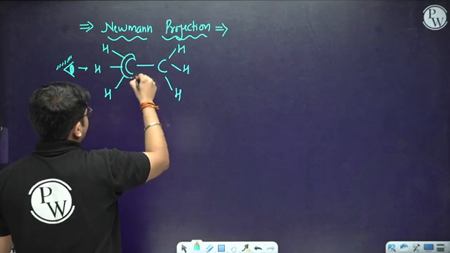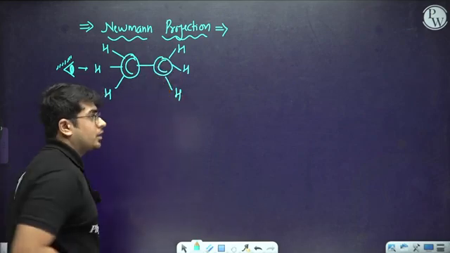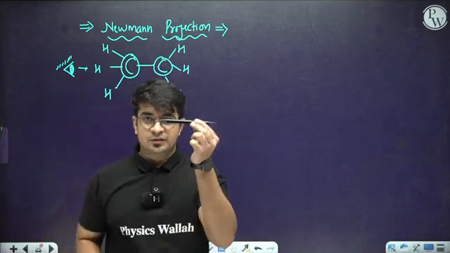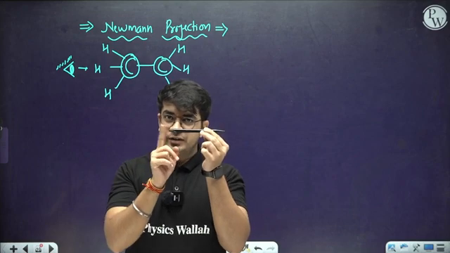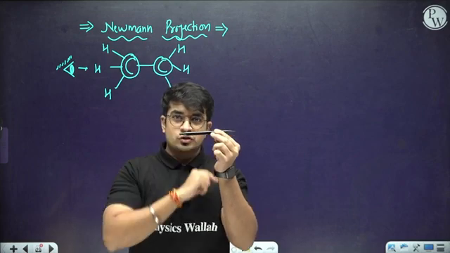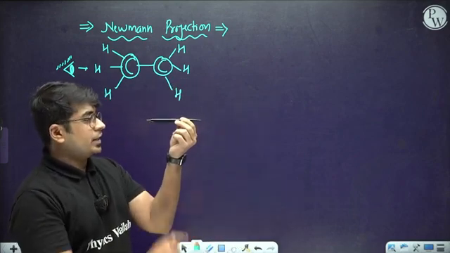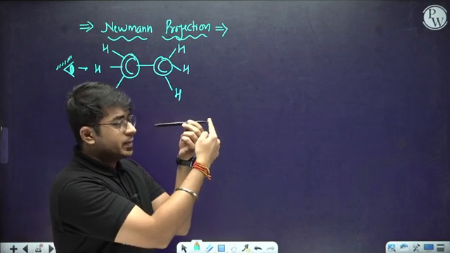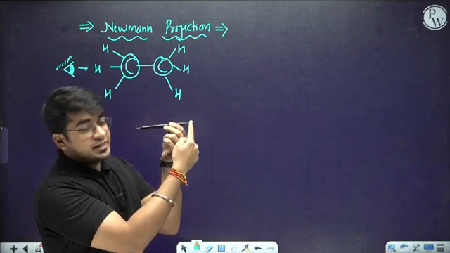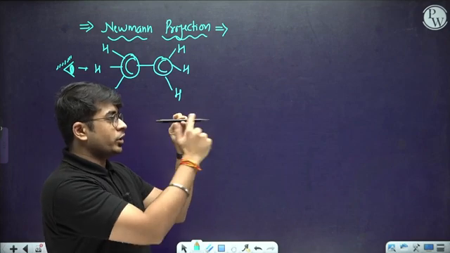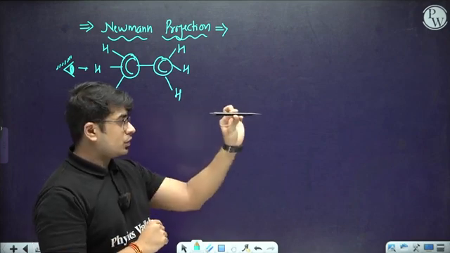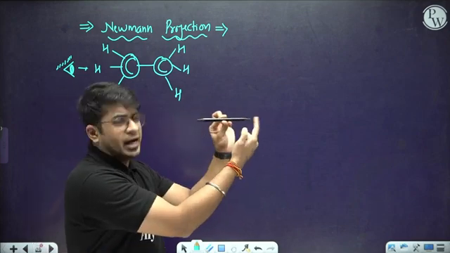I can see the front carbon as well as the back carbon. One carbon is here, another carbon is there, with a single bond between them. But I cannot visualize the back carbon properly because this single bond is directly in front of me. So I can only see the front carbon; the back carbon should be there.